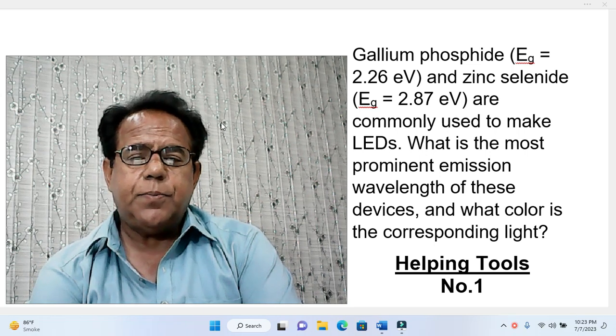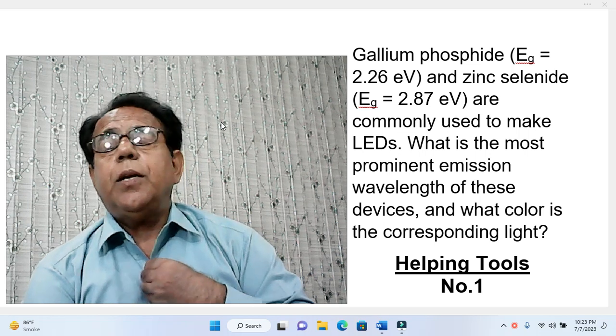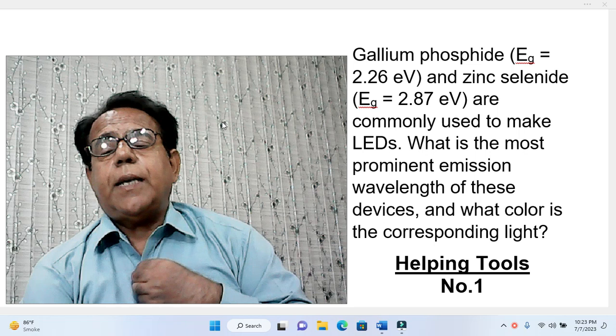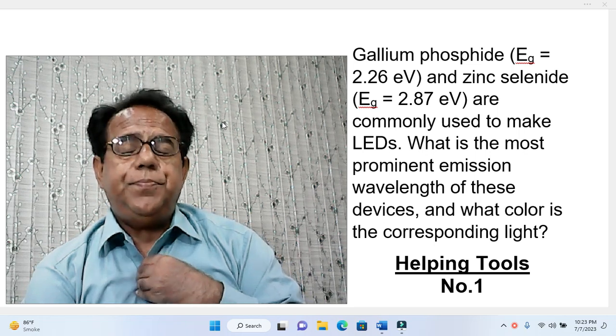This is our next problem, chosen from the book Modern Physics by Kenneth Krane. As usual, we first complete the statement.